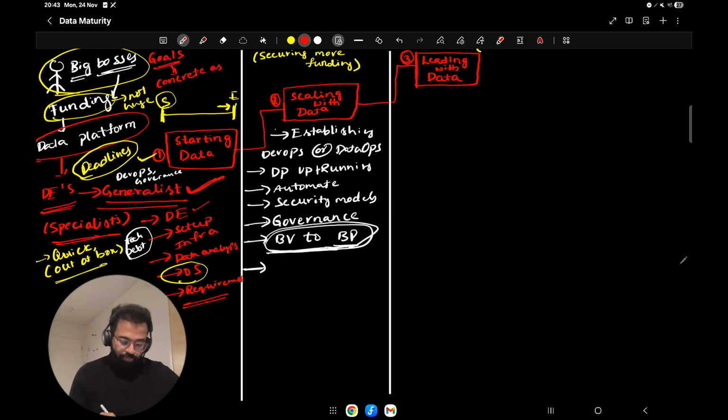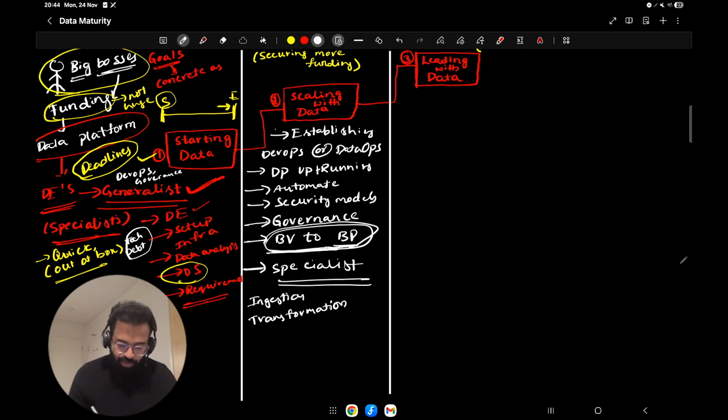In phase one, we saw that it was more of generalist roles, right? In this phase two, you will start seeing specialist roles. Specialist roles in the sense of roles where people mainly work only on, for example, ingestion, or only on business logic or transformation, handling duplicates, enriching data, or they're only focusing on their business domain.